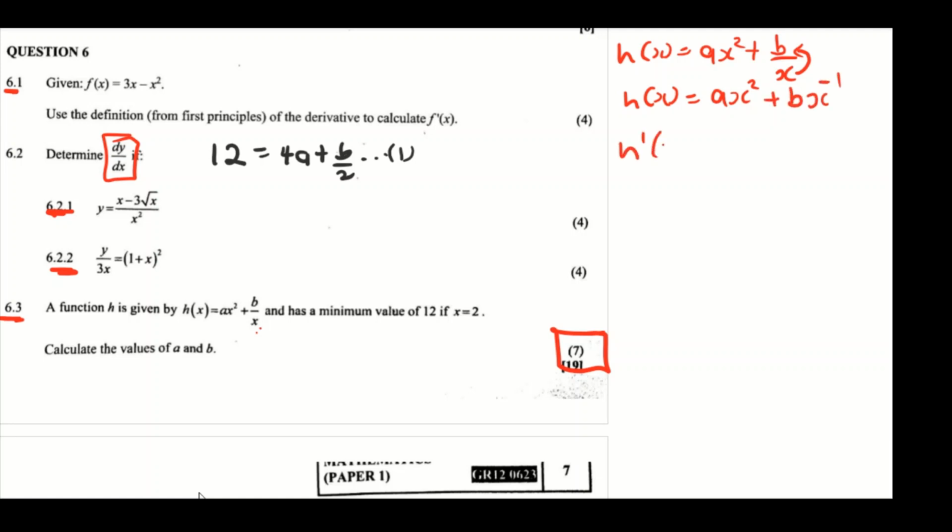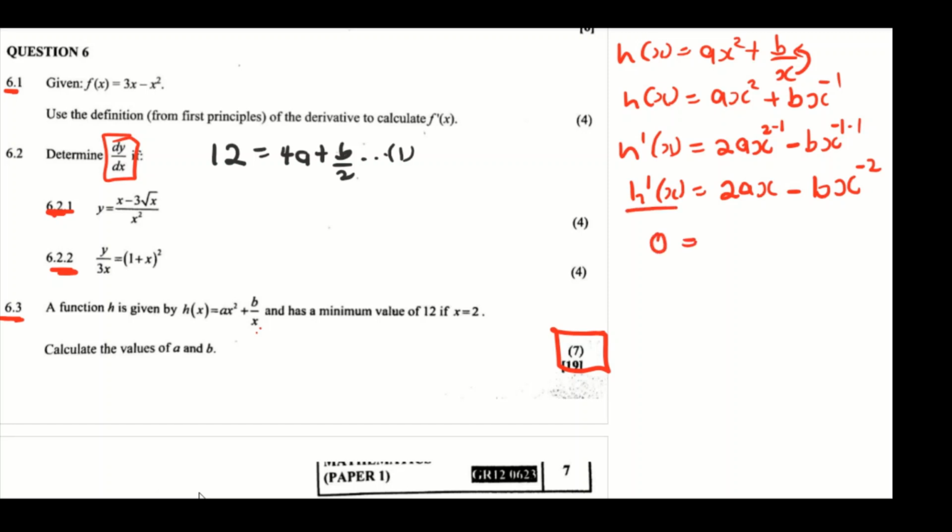And the derivative: we drop the 2, a is still there, x to the power of 2 minus 1, and then we drop the negative 1, so it's minus b, x to the power of minus 2. So h prime of x is equal to 2ax minus bx to the power of minus 2. When you derive, remember you equate this to 0.